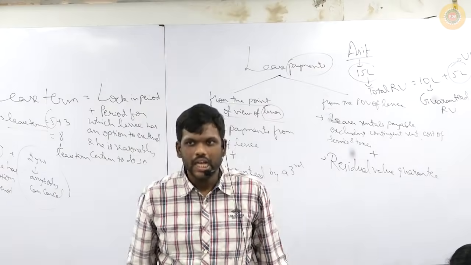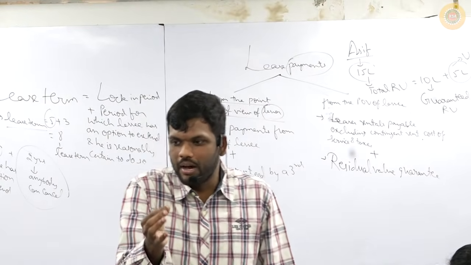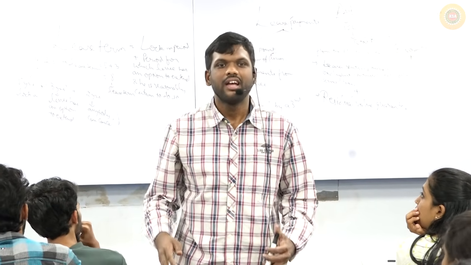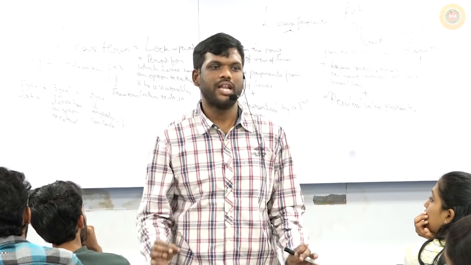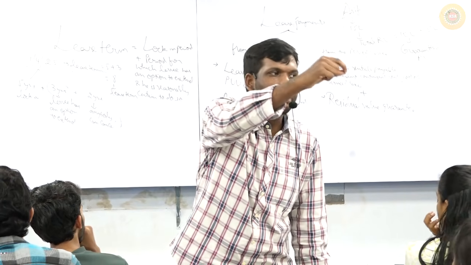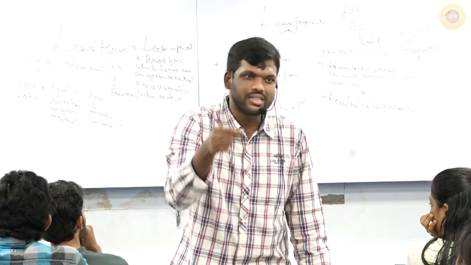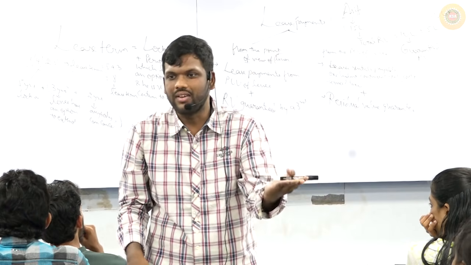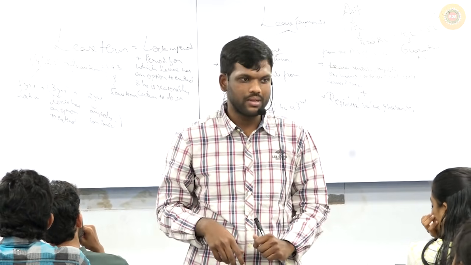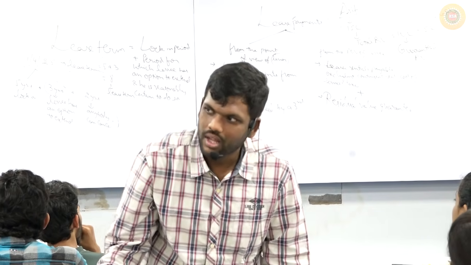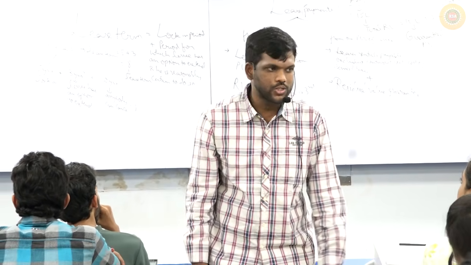Sir, from the perspective of the lessor, how to calculate? Whatever the lessee is giving, that will be taken, because whatever the lessee gives, the lessor will receive. Plus extra, the lessor will also take.